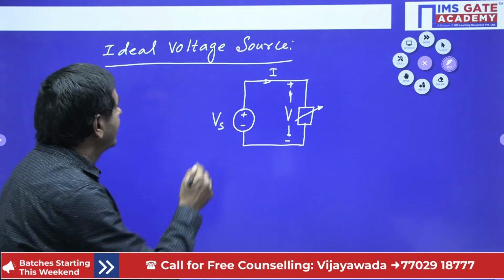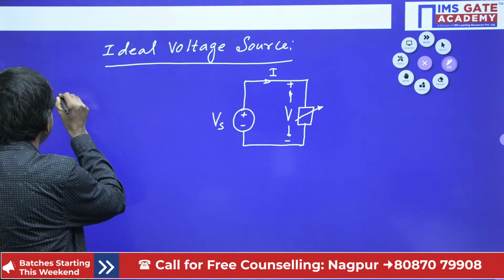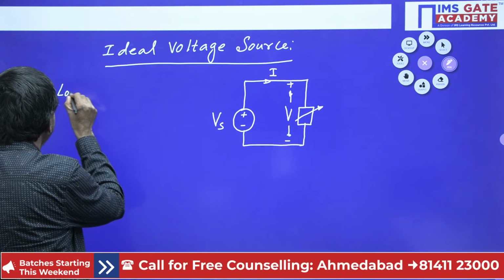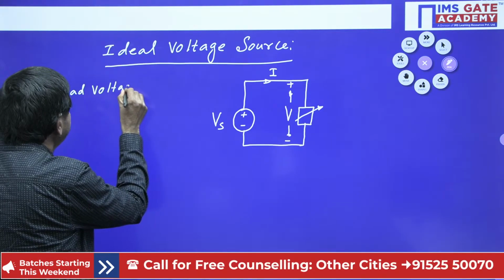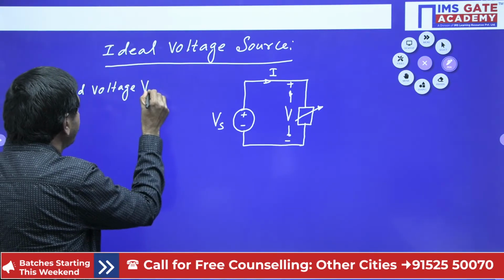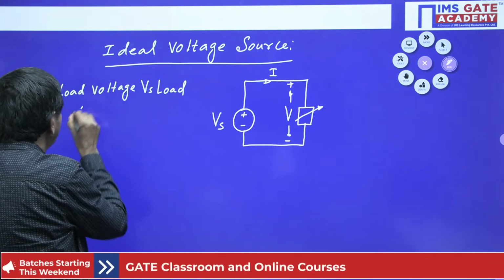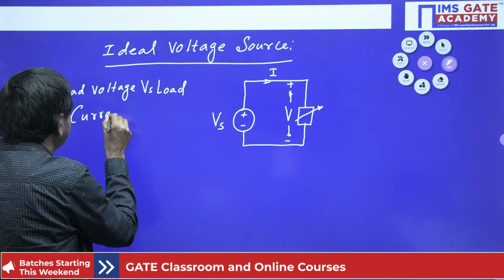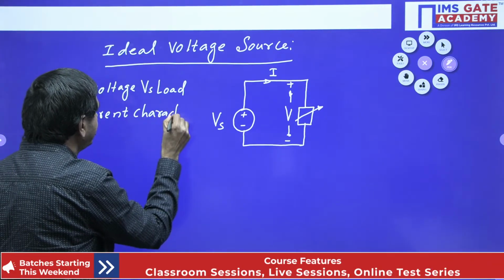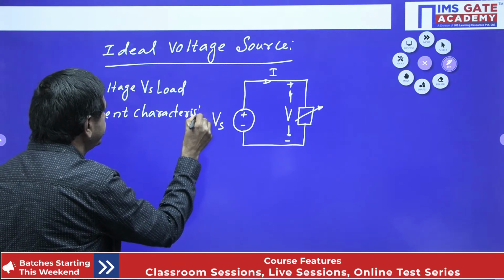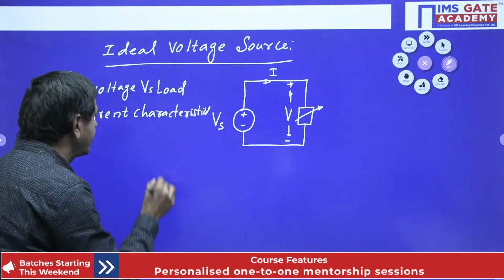I want to draw the load voltage versus load current characteristic. How can we draw this?